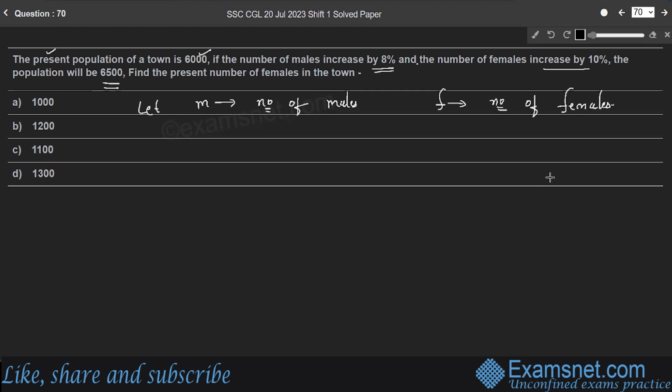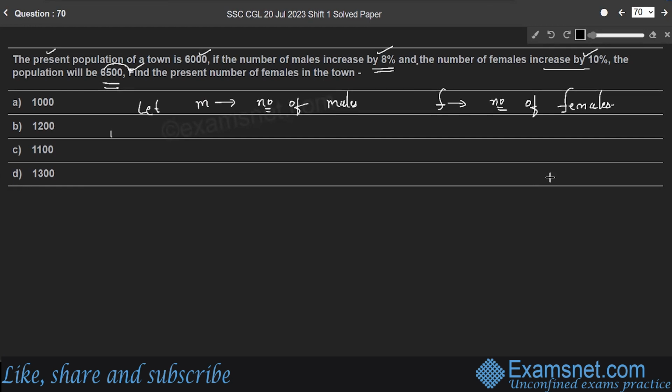right? Here the increased male population is 8%, right? So increased male population plus increased female population is equal to the increase in population. Here the original population is 6,000 and the new population is 6,500. So there is an increase of 500 people in the town, right?